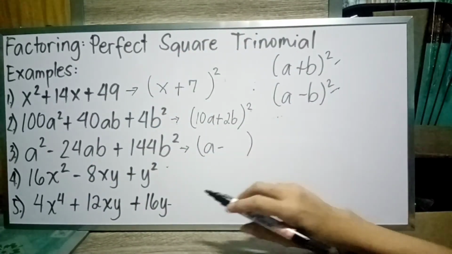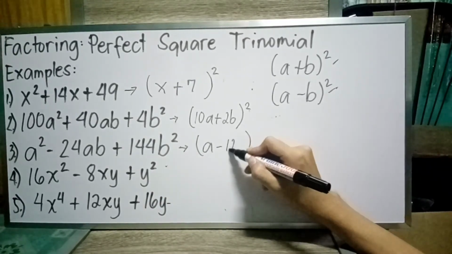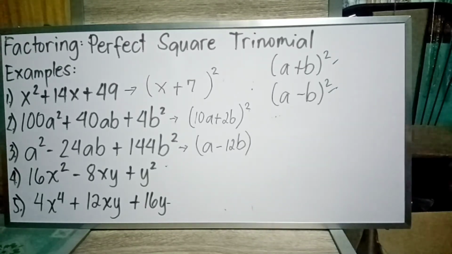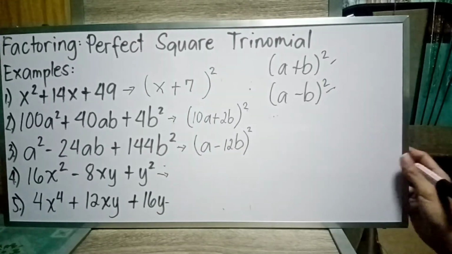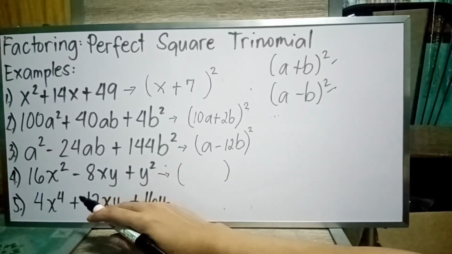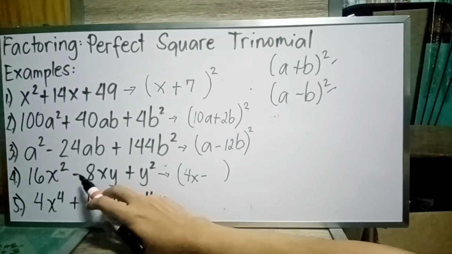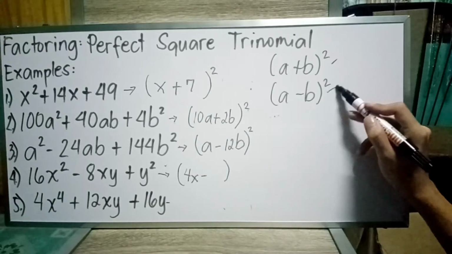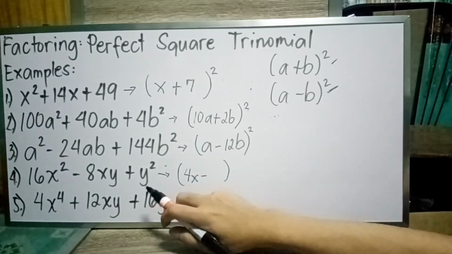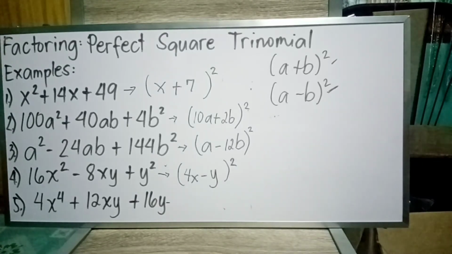So minus the square root of 144b squared, that is 12b, squared. And then this one, again, square root of the first term, 16x squared, that is 4x, minus, because the middle term is negative, minus the square root of y squared, that is y, then squared. Do you get it?